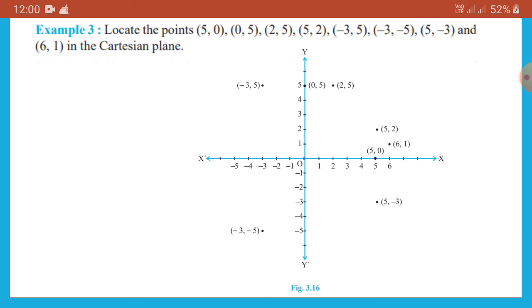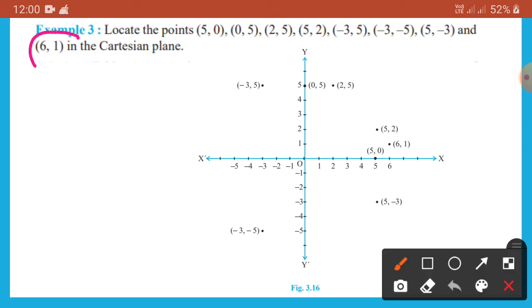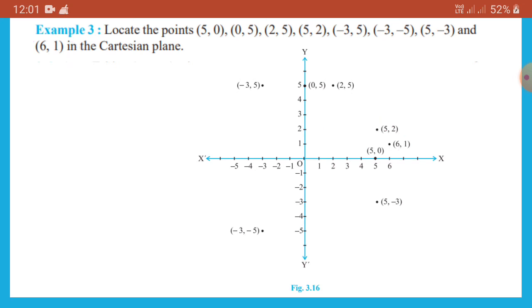Okay, and last the coordinates are (6, 1). So the distance from the y axis will be 6 here, and the distance from the positive x axis is 1 along the y axis, so the point is here (6, 1). Okay, so you learned to locate the points in this Cartesian plane.